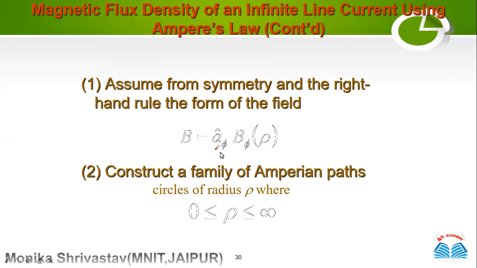You have studied, you know that if you are working with line charge or line current, then the symmetry for that line is cylindrical. You have studied that for a line, the symmetry is cylindrical. In Gauss law, I have told you various types of symmetry and how to make those.